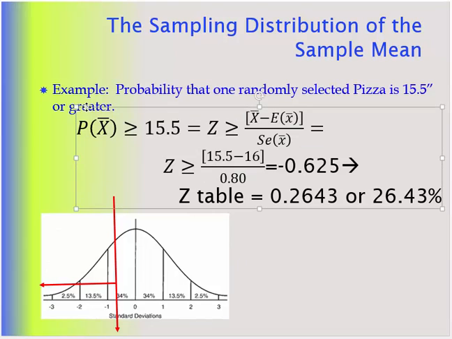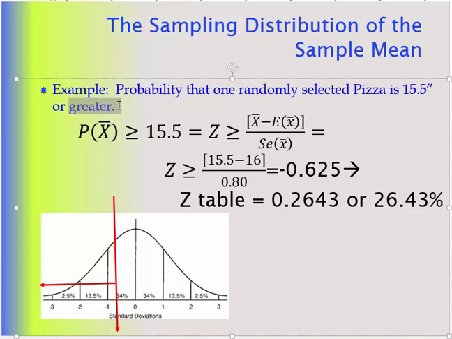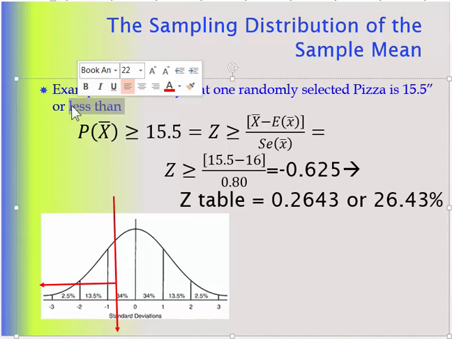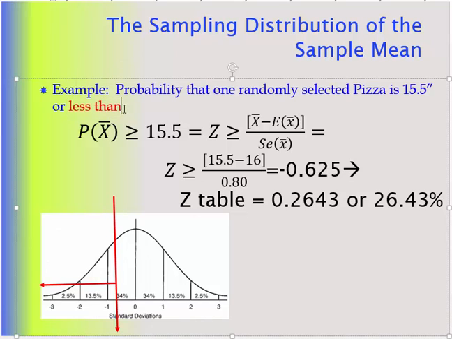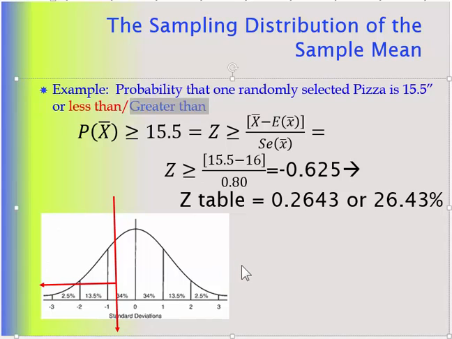So how about we change this word here to less than, and we'll make it red so that we know that it corresponds with the red down there, and then we'll put greater than, and we'll make this blue, and then I'll put a blue arrow for that.